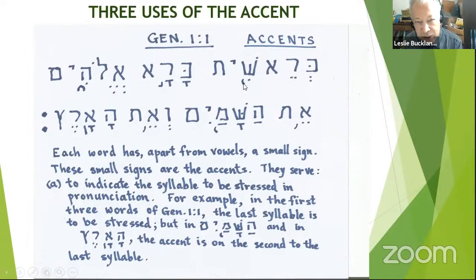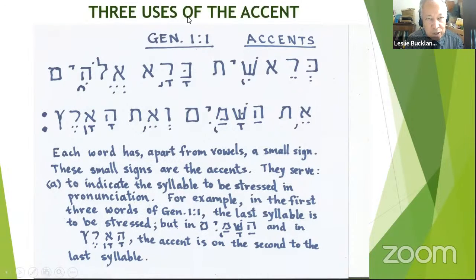And so in the Bible itself, there are different shapes to the accents, and the accents show what syllable in the word is to be emphasized. Sheet, ra, him, eth, ma, eth, ah. It indicates the particular syllable to be emphasized.